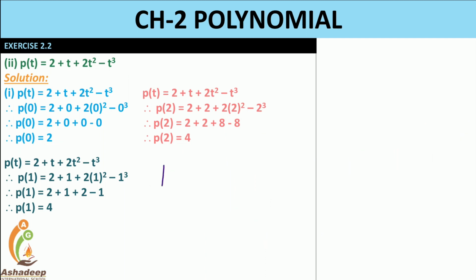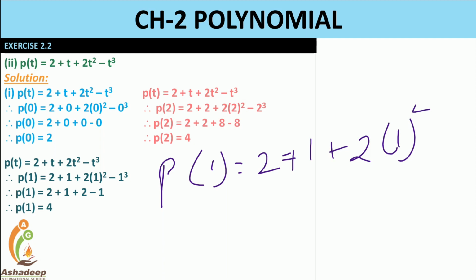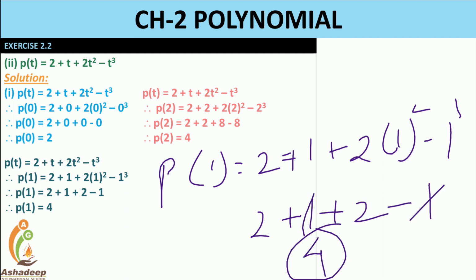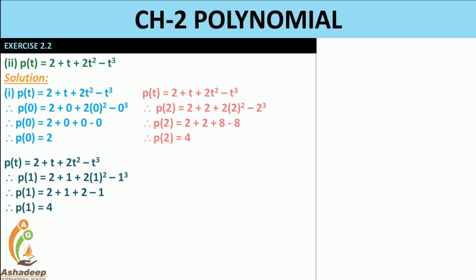In the same manner, if I have to write p of 1, then 2 plus 1 plus 2 into 1 square minus 1 cube. So 2 plus 1 plus 2 minus 1, the answer is 4. Now for p of 2, instead of t you put 2.